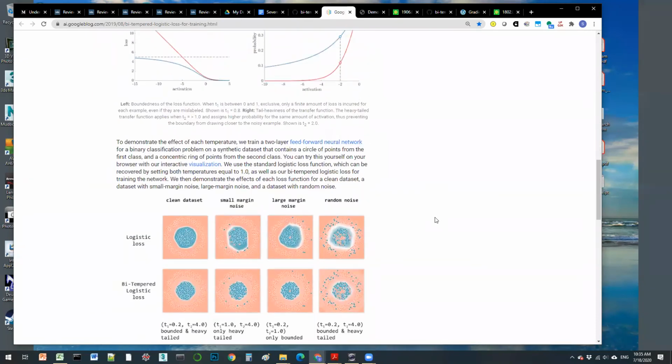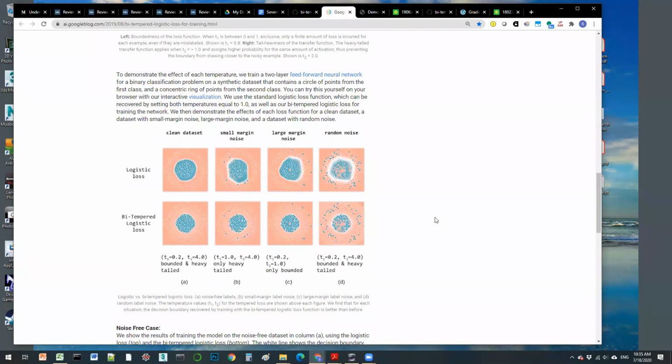So if we look at the bottom here, are you folks able to see the logistic loss by tempered loss diagrams? Yep. And so that shows what happens with just this.